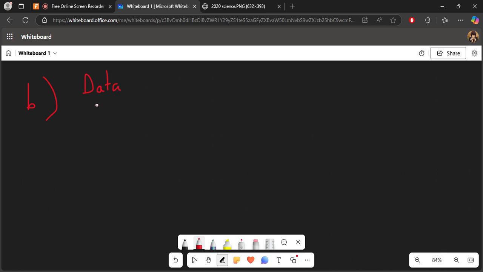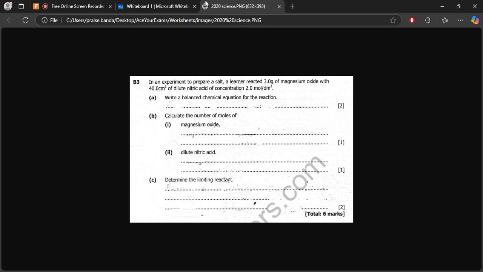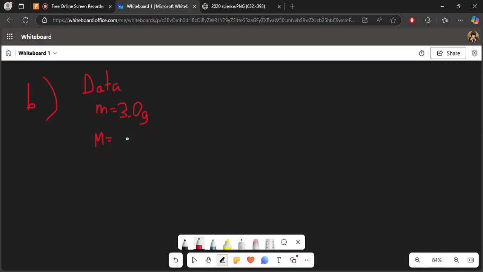So, we know that its mass is 3.0 grams. We also know that its molar mass is going to be 40.